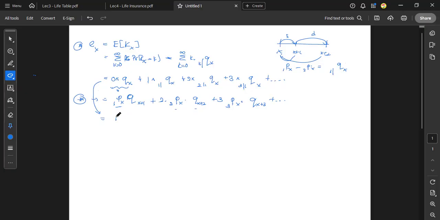So for this one, it's 1 times the probability from x to 2, minus the probability x to 3, and for this one 3 times the probability of surviving from x to 3 minus x to 4.